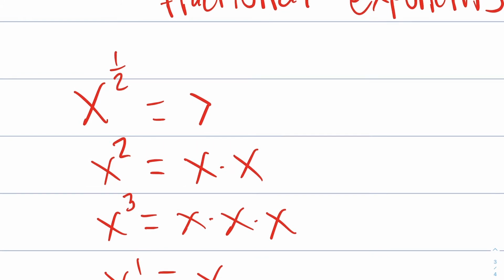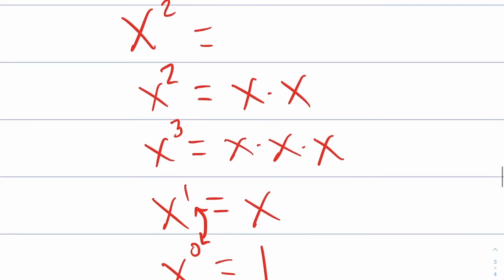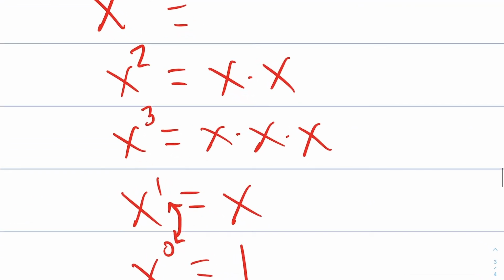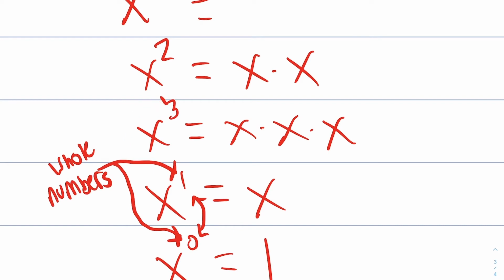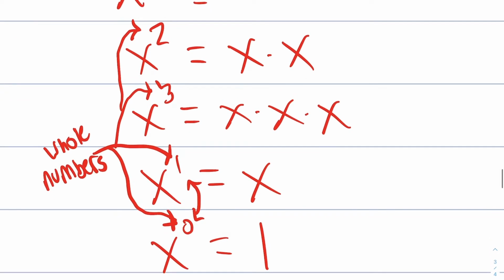No. What happens whenever you have a fractional power is, take a look at these powers that are not fractions first. This is the whole number 1. These are whole numbers, even including 0. Whenever you have a power and it's the full number, x squared, x to the power of 3, x to the power of 1, x to the power of 0, those are whole numbers.